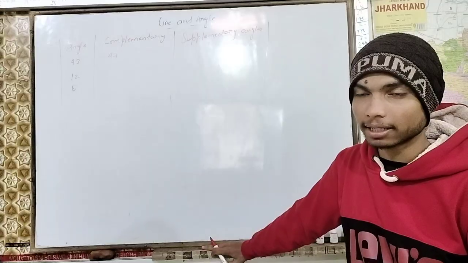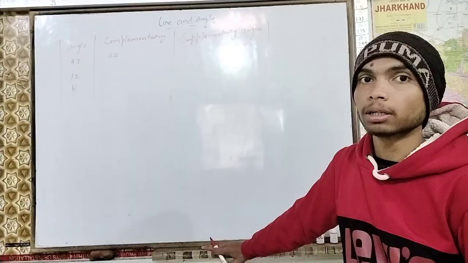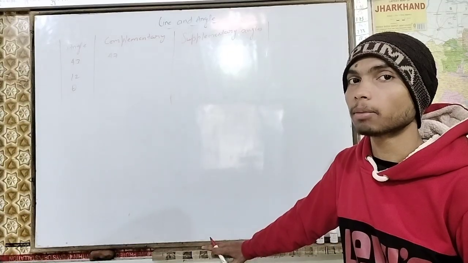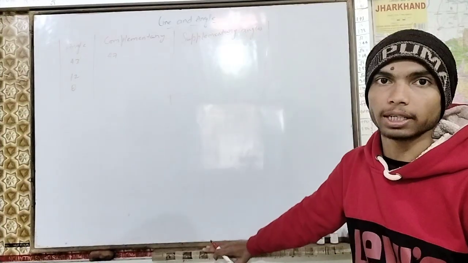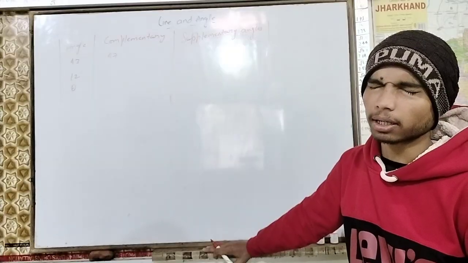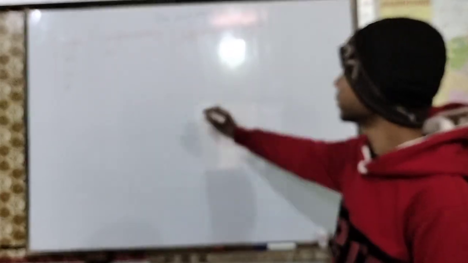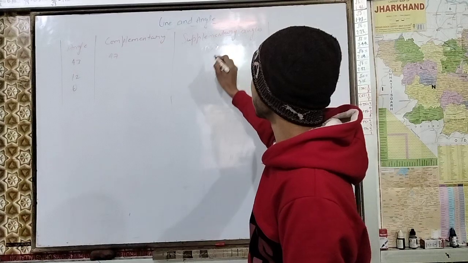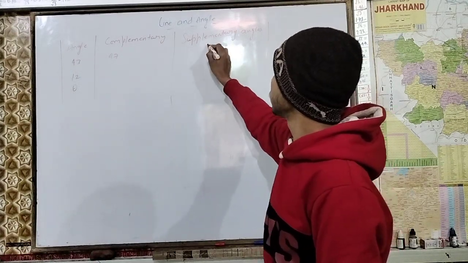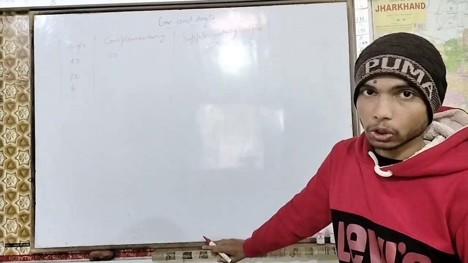When we have the second angle, you will see that the sum of the given angle and the other angle which came out as a result will be equal to 180 degree. So we subtract this 43 degree from 180, and the supplementary angle is going to be 137. Next angle in the question is 12 degree.